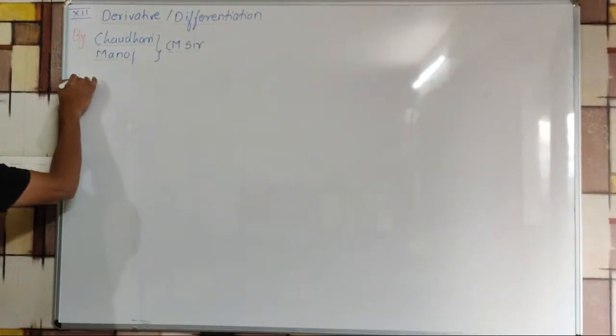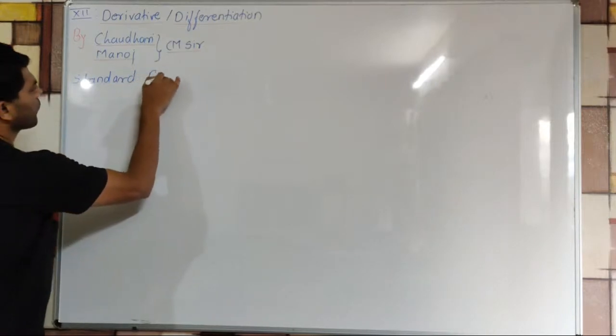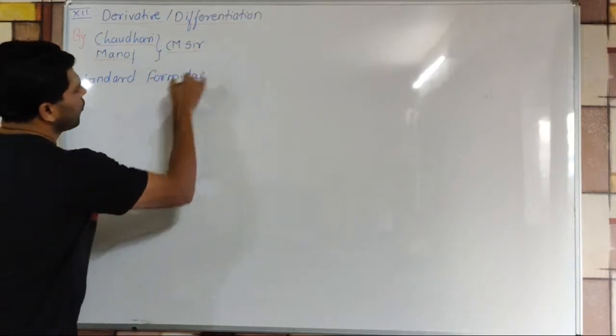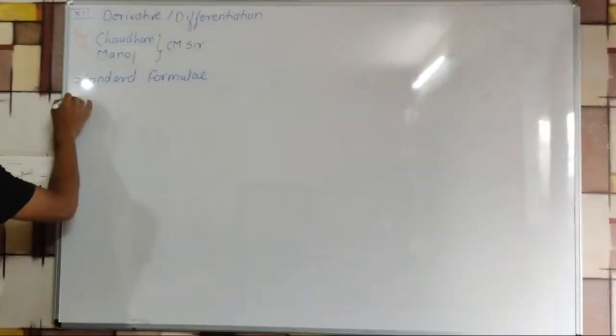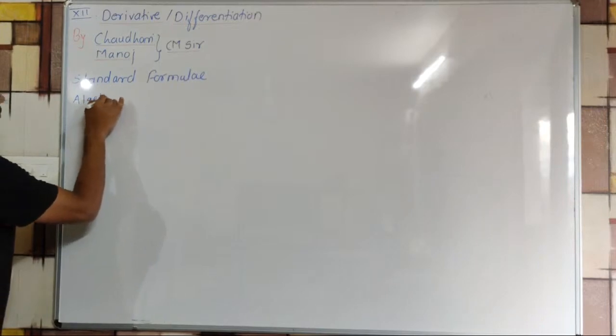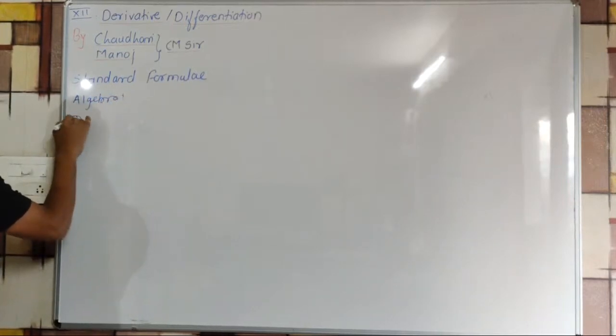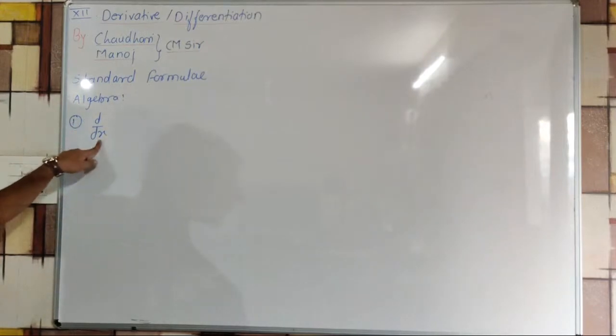So let me write down, friends, all standard formulae. We are talking about the derivative, so standard formulae in derivative. Let's list out some from algebra. The first one: read this as derivative with respect to x.